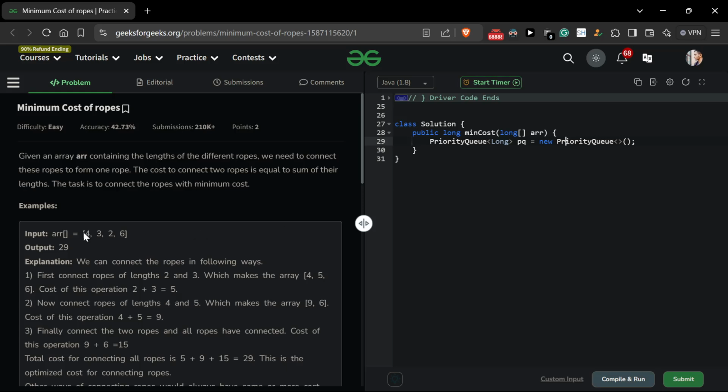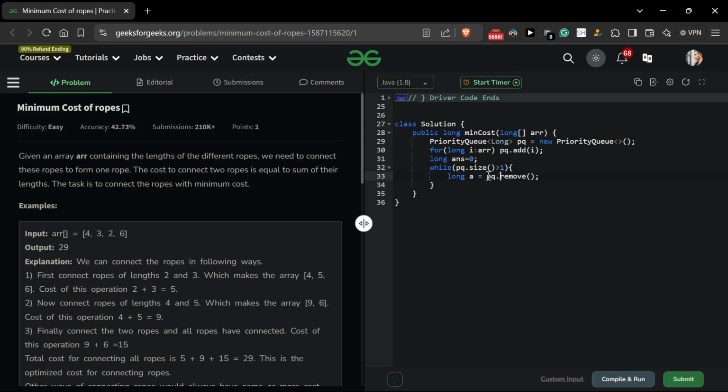So first I add all these different lengths of ropes into the priority queue. After adding this, we need to iterate while our number of ropes is greater than 1, because we need one single rope.